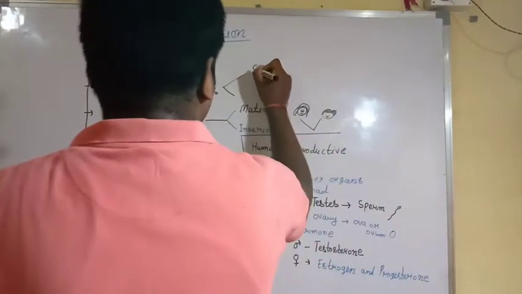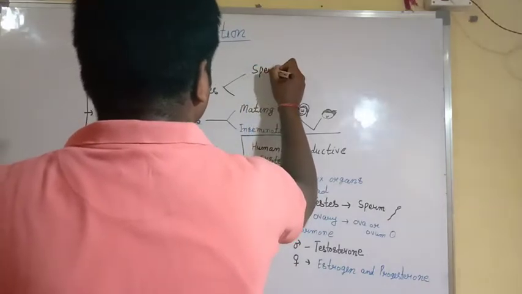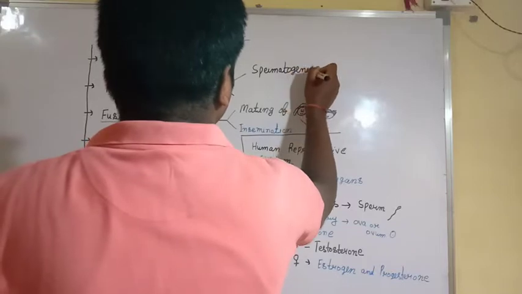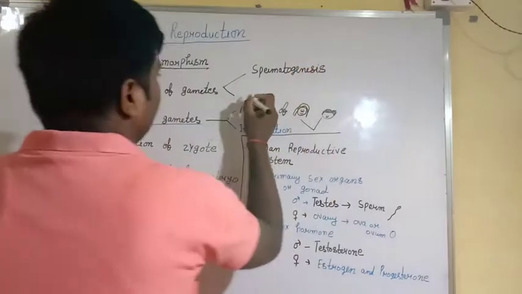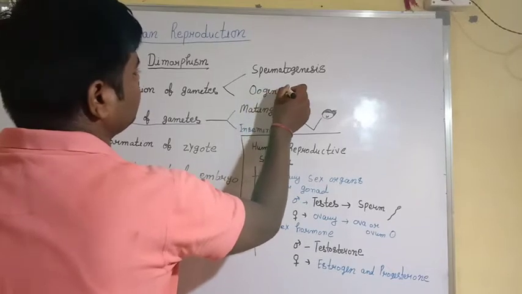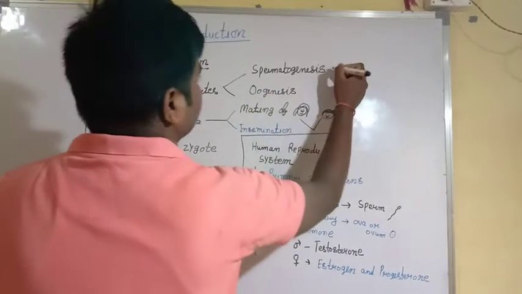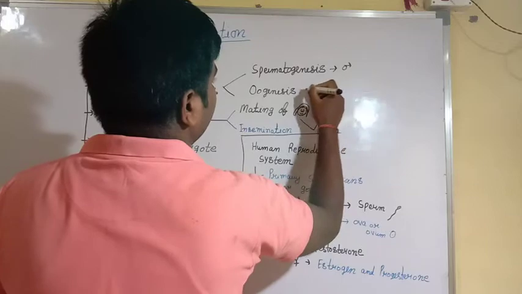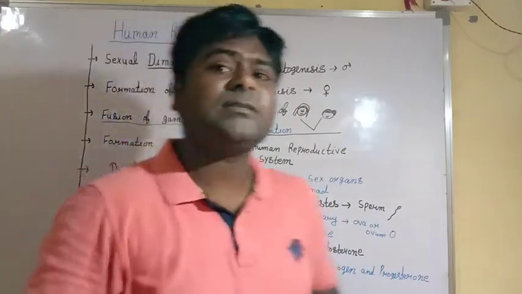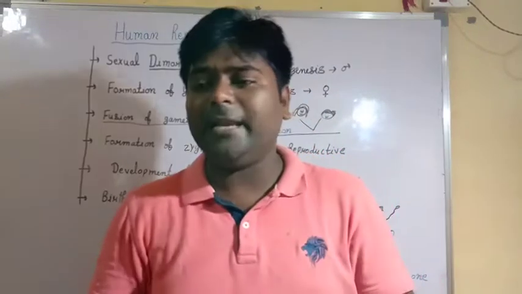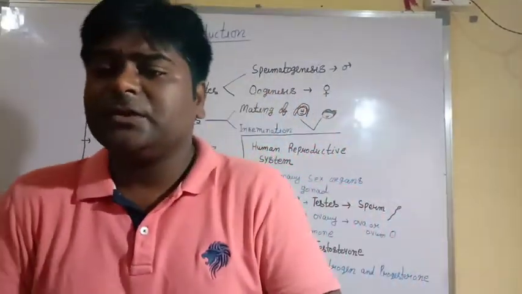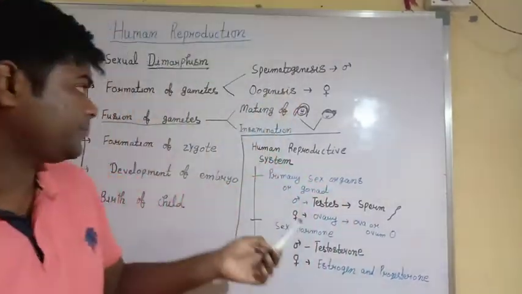So we have spermatogenesis and oogenesis. Spermatogenesis means production of sperms. Oogenesis means production of ovum. Spermatogenesis is in the case of the male and oogenesis is in the case of the female. So these are the two processes, and we will have to go into detail of these two processes.